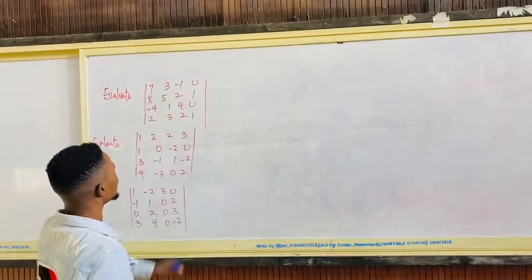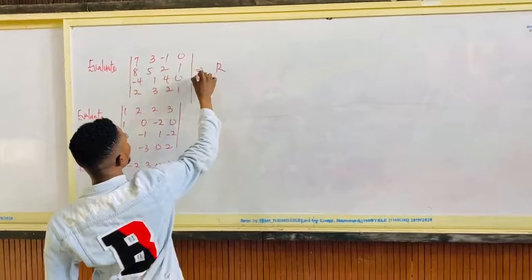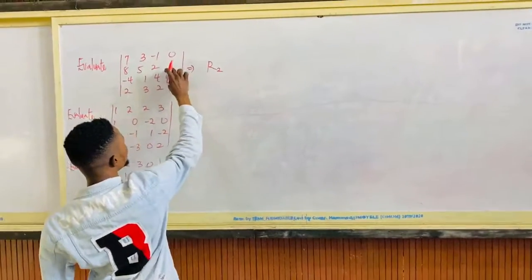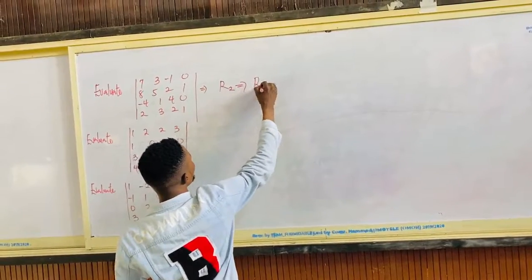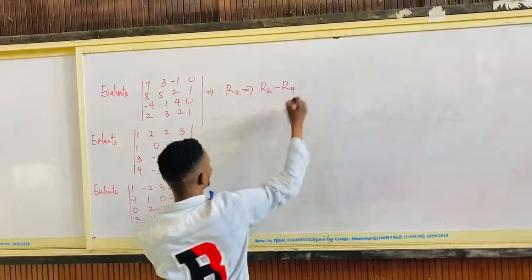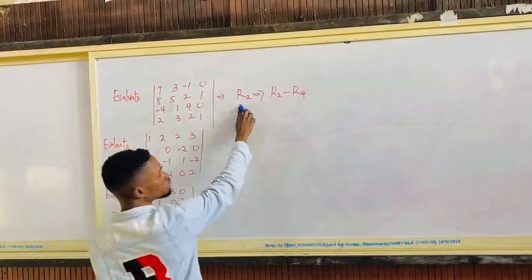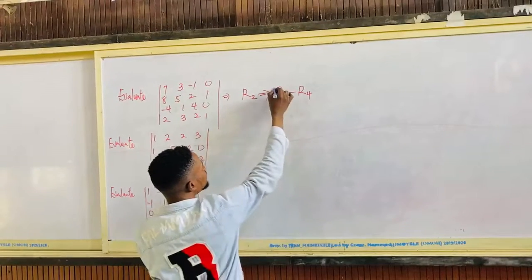That implies that my row 2 new becomes row 2 minus row 4. Now, the coefficient here is 1.